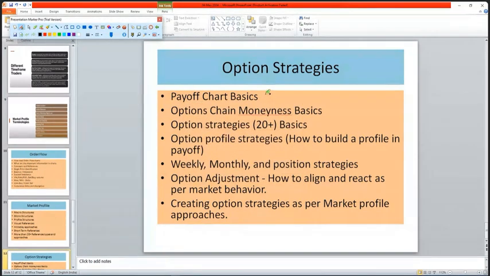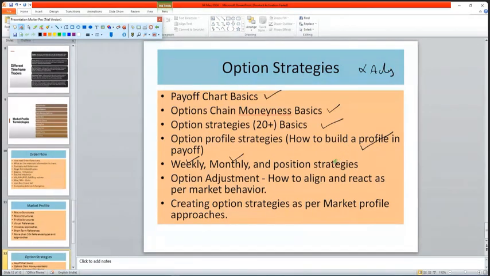Starting with payoff chart basics, if anybody doesn't know about payoff charts, I help them understand them, and the basics of options with different strategies, how to build the option profile, and how to get weekly fixed income and monthly fixed income through option strategies.